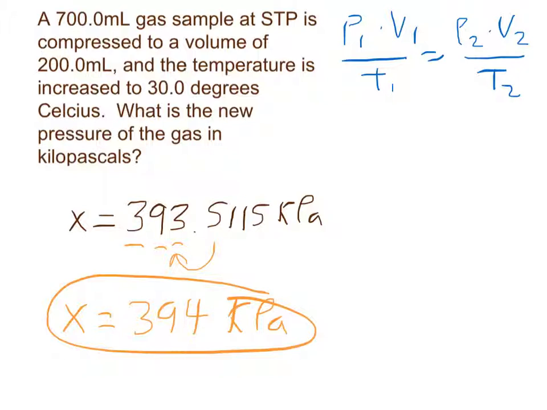It's really useful because if there's a lot of things changing, such as in this case the volume was changing and the temperature was also changing from 0 degrees Celsius to 30 degrees Celsius.